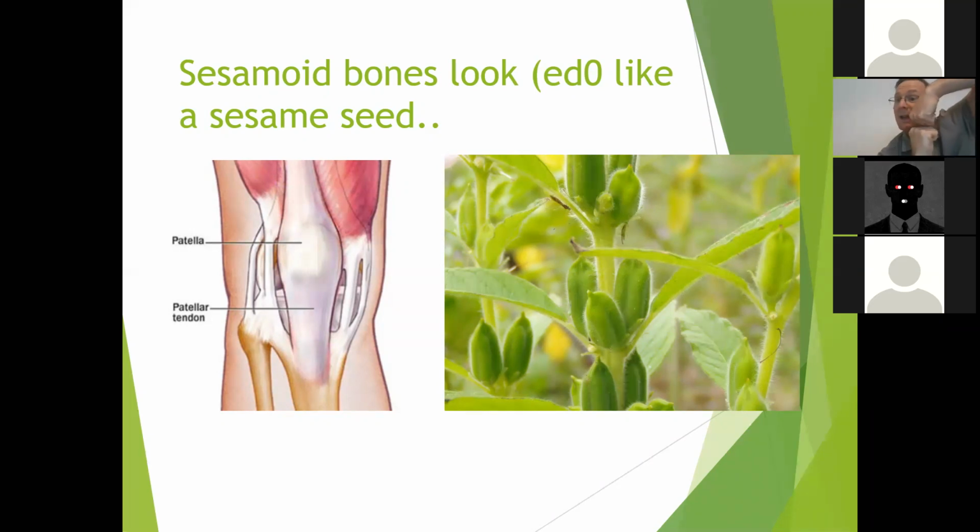If you don't have an ACL, your tibia moves like that on that lower leg. So the cruciate ligaments stop movement forward and backwards of that tibia on the femur. They're called cruciate because the ligaments cross over.